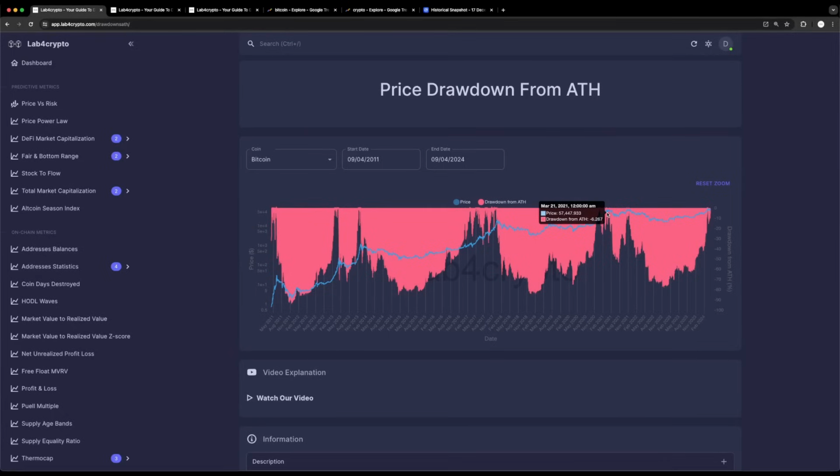But also, if you have just come from the gains, to be able to exit and not see your portfolio go down 90% on average.